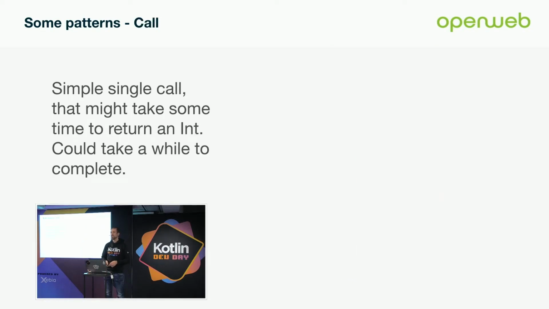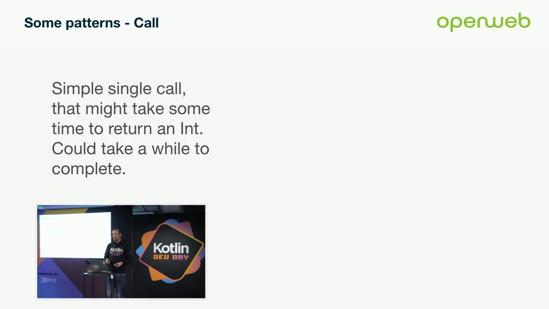One of the first patterns I will talk about is just a call, which is a single call that eventually returns an int, and you can set a delay. But of course, in the real world, you can't set a delay. For example, there might be some networking involved, and then you probably want to set some timeout and handle the error.